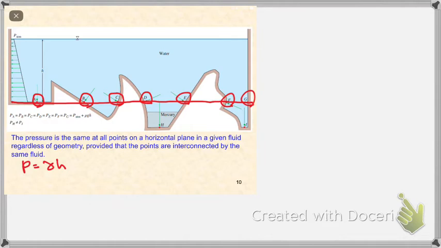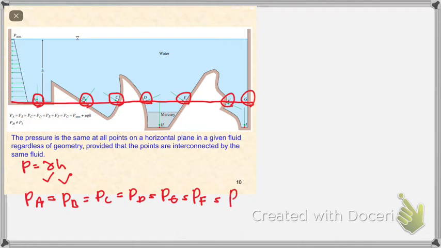The answer is yes. Are those points acting in the same liquid, which means the same density? Yes. So PA is equal to PB equal to PC equal to PD equal to PE equal to PF equal to PG.